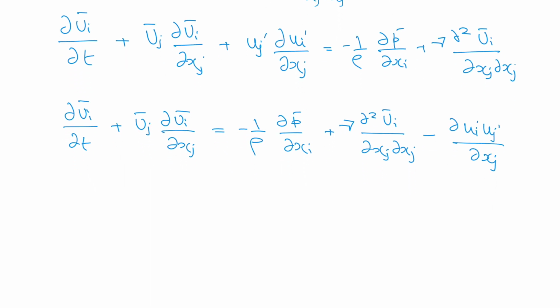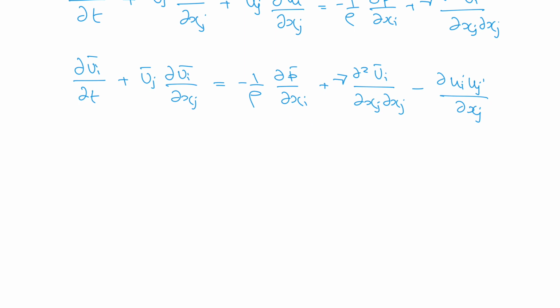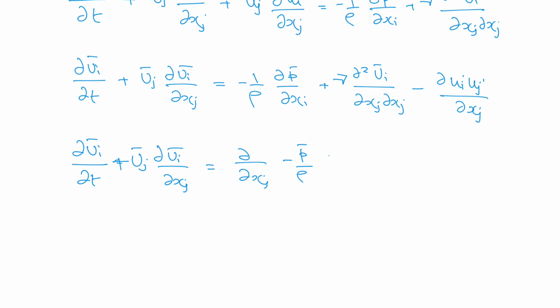In this equation, on the right hand side you have all the terms with ∂/∂xj. So what we can do is bring ∂/∂xj out and put the remaining terms into a bracket, such that ∂ūi/∂t plus ūj ∂ūi/∂xj equals ∂/∂xj of minus p̄ by rho delta ij.